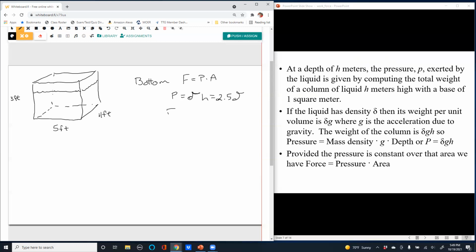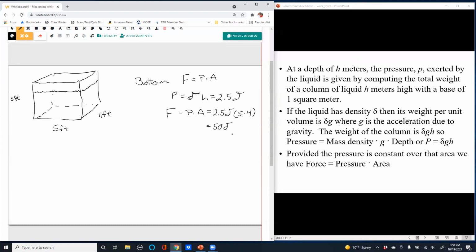So therefore the force is the pressure times the area. So 2.5 delta. And then that gets multiplied by the area, which is 5 by 4, or 20. So 2.5 times 20, so 50 delta.